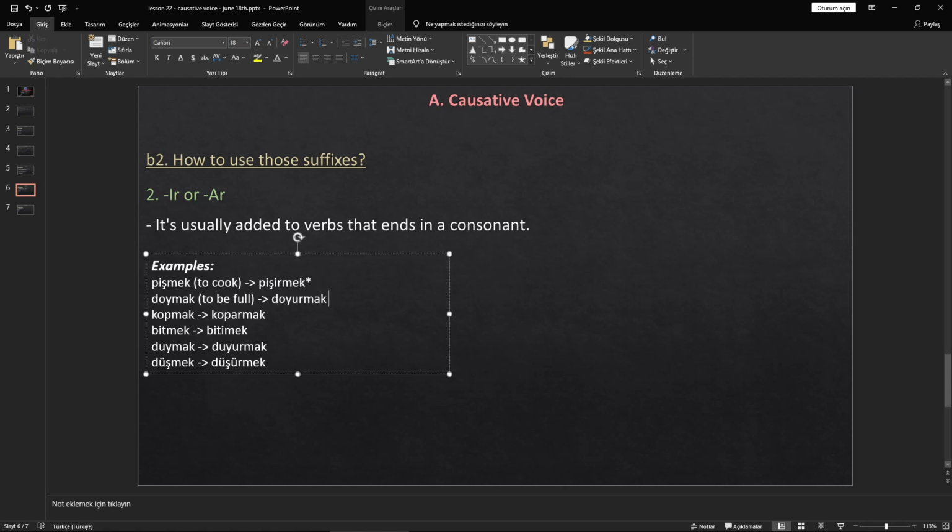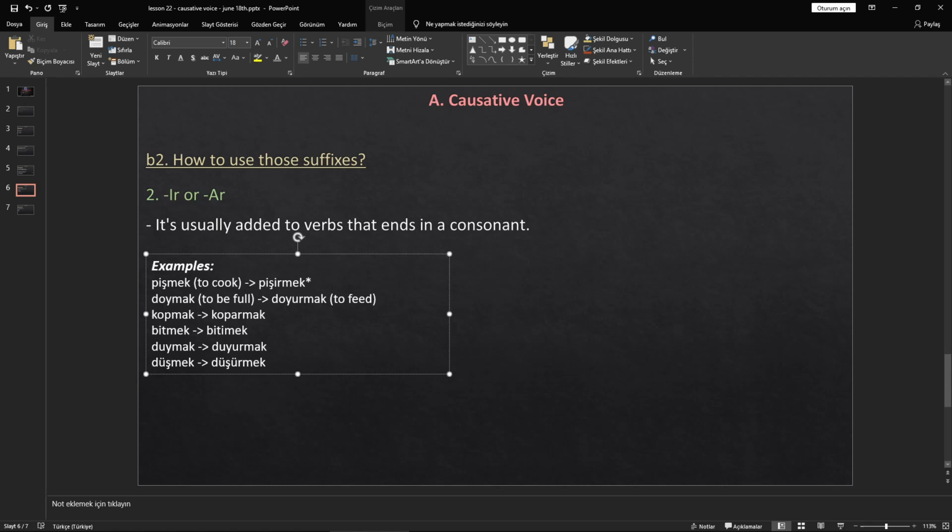I can simply call this to feed. You are basically filling someone's stomach with food and causing them to feel full. Yeah, exactly, doydum. When we don't want to eat food anymore, we say doydum. It's an actual verb.